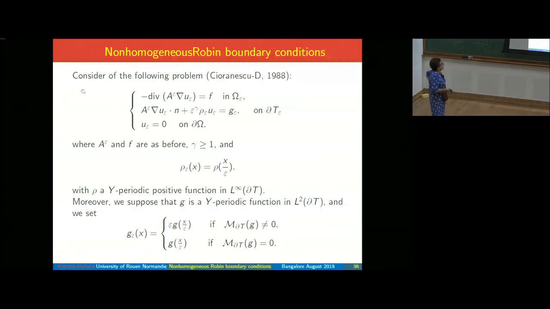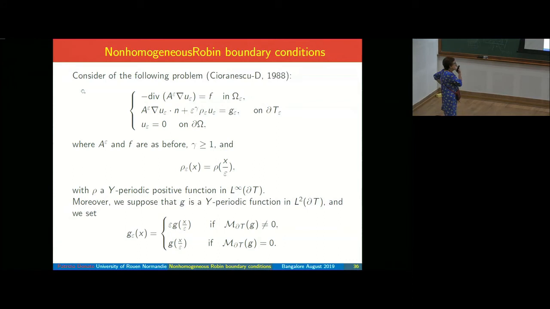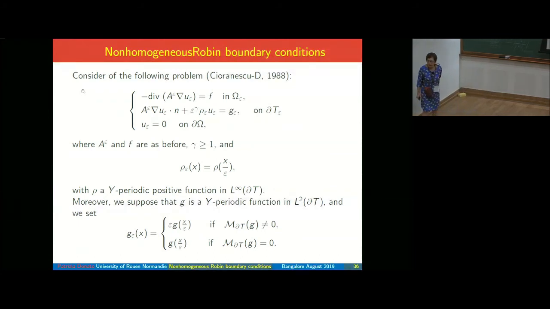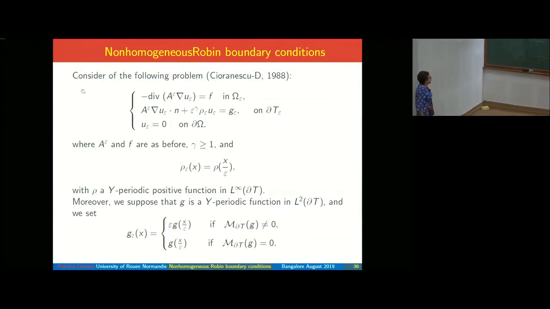So finally, we have two cases. If the average is not 0, we choose epsilon g of x over epsilon here. If the average is 0, we can show that it is sufficient to put g of x over epsilon in order to have the result and the good a priori estimates.